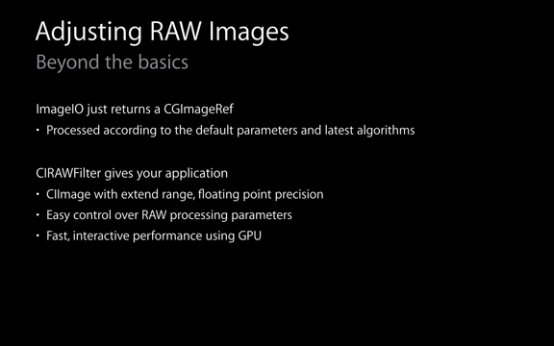And it allows you to get a CI image with extended range floating point precision. And also on that object are easy-to-use controls to control how our raw imaging results are processed. And it gives you fast interactive performance all on the GPU. So it's some great stuff that you can use in your application.